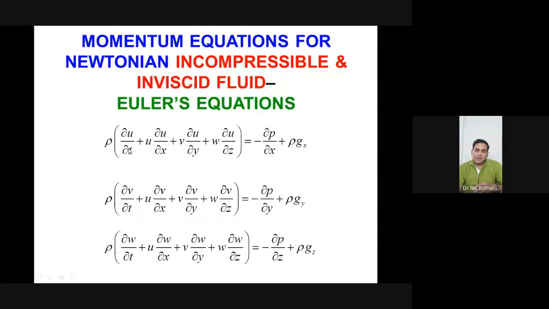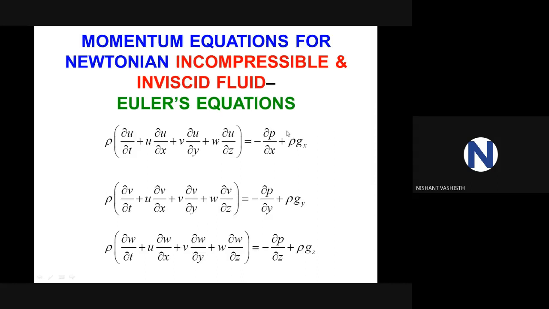So I will have the terms U del U upon del X, V del U upon del Y, W del U upon del Z, equal to minus del P upon del X plus rho Gx. Suppose I want to make a further constraint on that. Let's say I'm talking about one-dimensional flow only in the X direction. So what will happen in X direction flow? dw is 0 then.